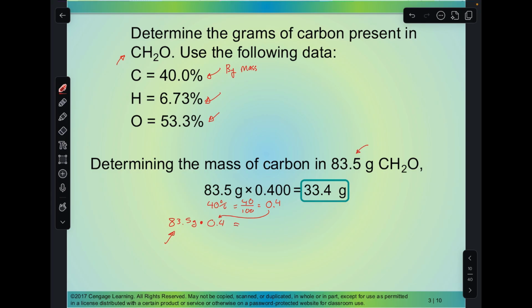And so we're saying 83.5 grams times 40% is going to be 33.4 grams carbon in 83.5 grams of CH2O. Looks like this, by the way. C is an H, H. This is what they embalm bodies with sometimes. I think they use different chemicals now.